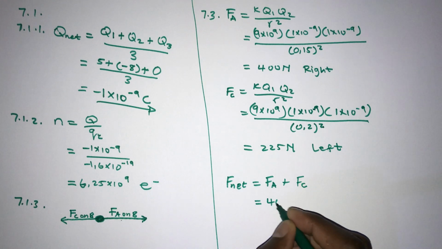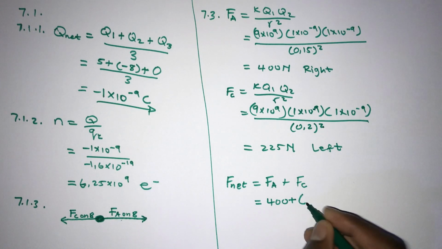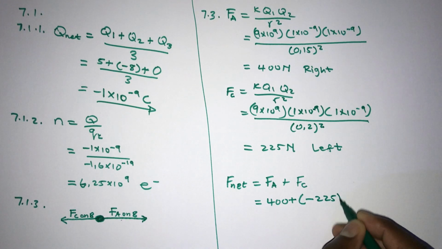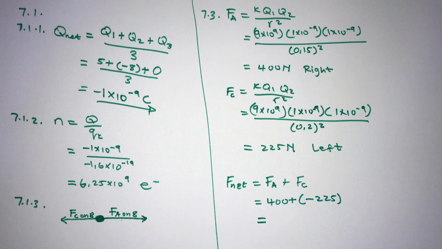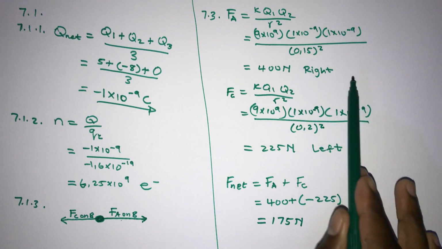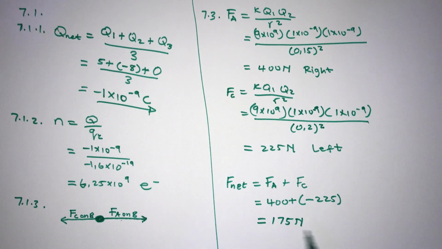So this is 400 plus, and this one's going to the left, so minus 225. The answer is 175 Newton. Since we took right as positive, the answer is positive. It means that our net force is going to the right. So this is the end of this question.